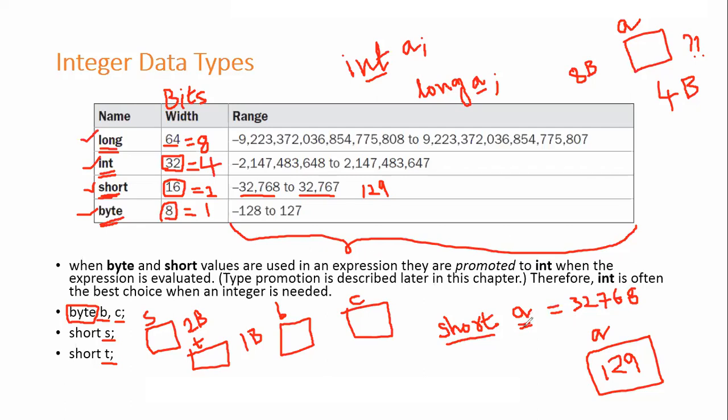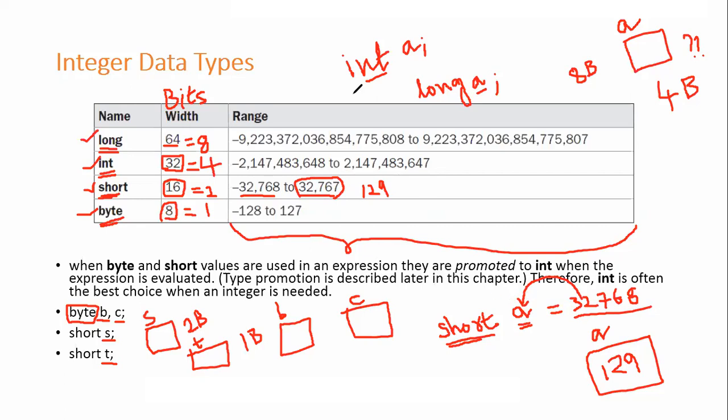What's the type of a? The type of a is short. And what's the maximum value it can store? The maximum value it can store is 32767. But what I want to store is 32768, which is out of this range.